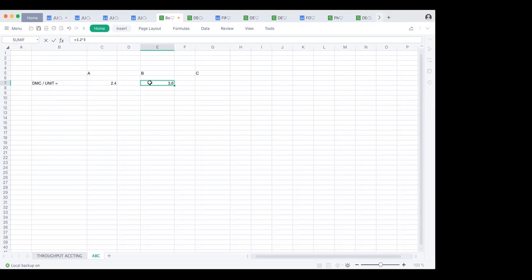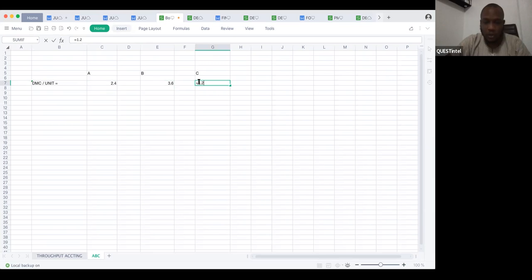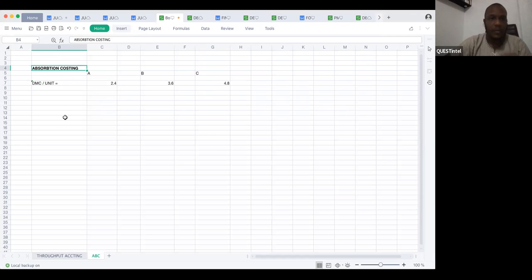And then the last one is 1.2 multiplied by 4. So we have our direct material cost. Now, what are we doing? This is absorption costing. So that's our direct material cost per unit.